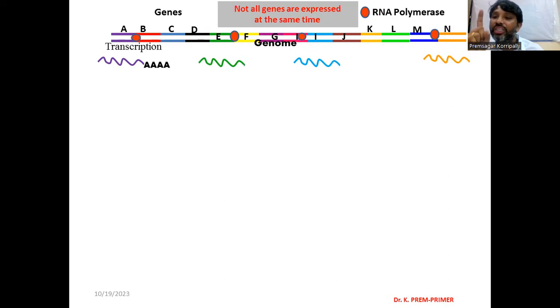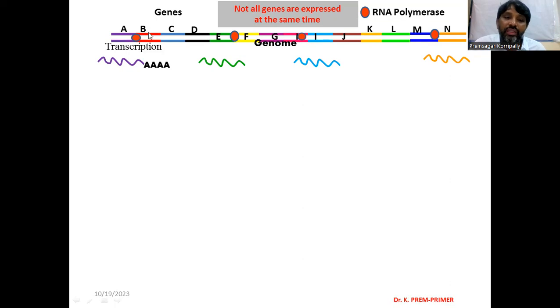So I'm going to tell you again and again, not all genes are expressed at the same time. A few genes are expressed. What gene is expressed depends on the cells which are there. Interaction with the environment will determine what genes are to be expressed and what genes are to be silent.